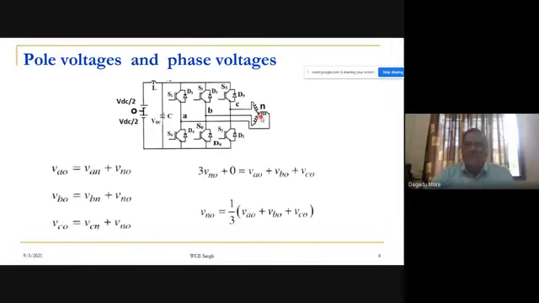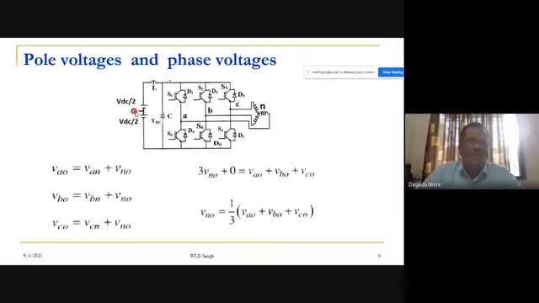This is our neutral point N, and the point O is the reference. OA, OB, OC are pole voltages, whereas AN, BN and CN are the phase voltages.